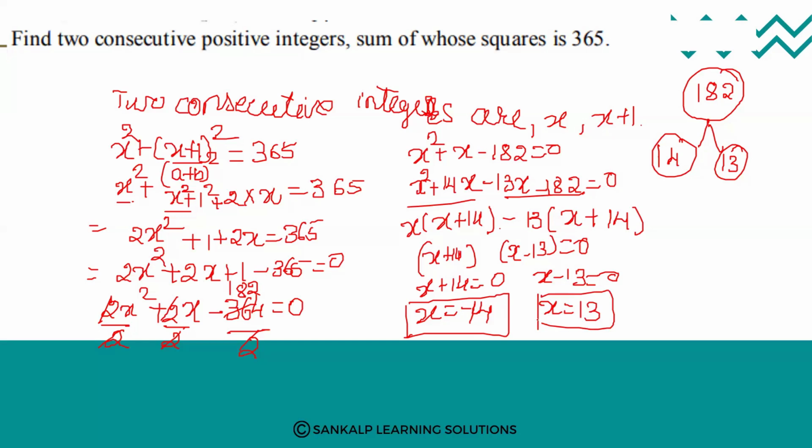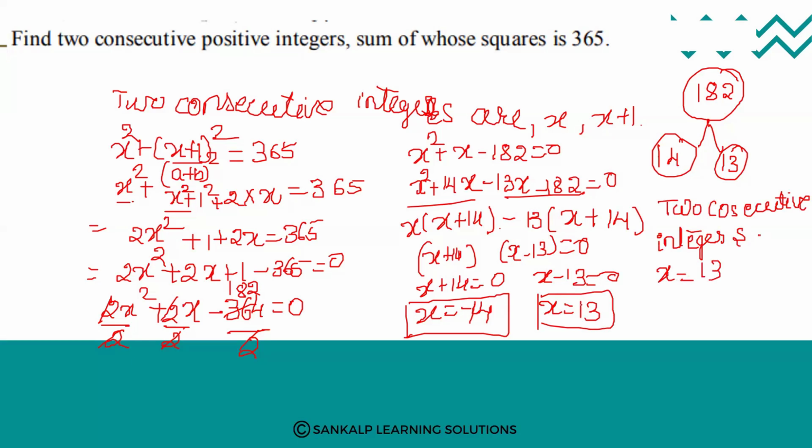Okay, so we are getting two roots, that is minus 14 and plus 13. They have asked for two consecutive integers, that is x and x plus 1. x is 13, since we are considering only the positive value.